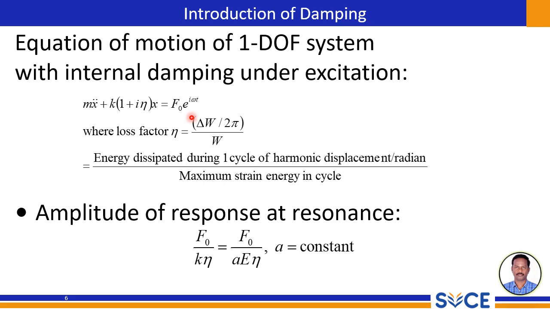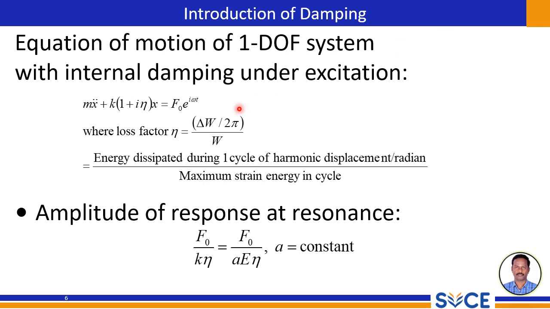Let's break this down. Here, m represents the mass, x double dot is the acceleration, k is the stiffness, eta is the loss factor, x is the displacement, F naught is the amplitude of the excitation force, omega is the excitation frequency, and t is the time.